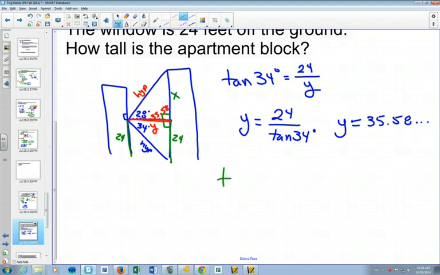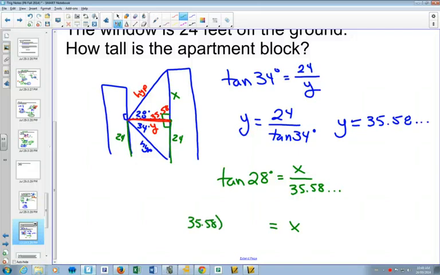So now tan of 28 degrees, opposite over adjacent, which was the 35.58. Multiply both sides by 35.58.